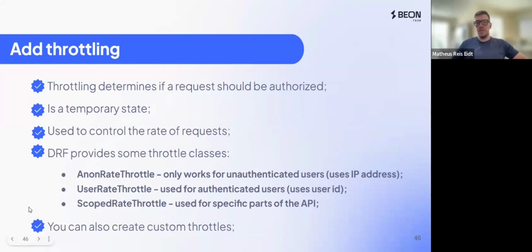Django will take the authenticated user from the header and use this ID to identify who is trying to access the information. The scoped rate throttle is one type of throttle that can be used for specific parts of the API. So you can choose which parts will use throttling or not.